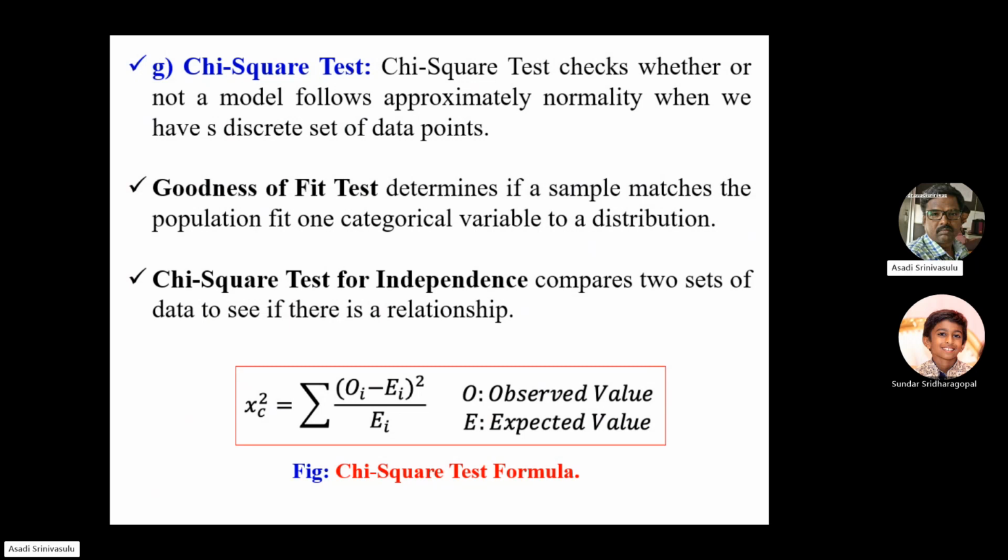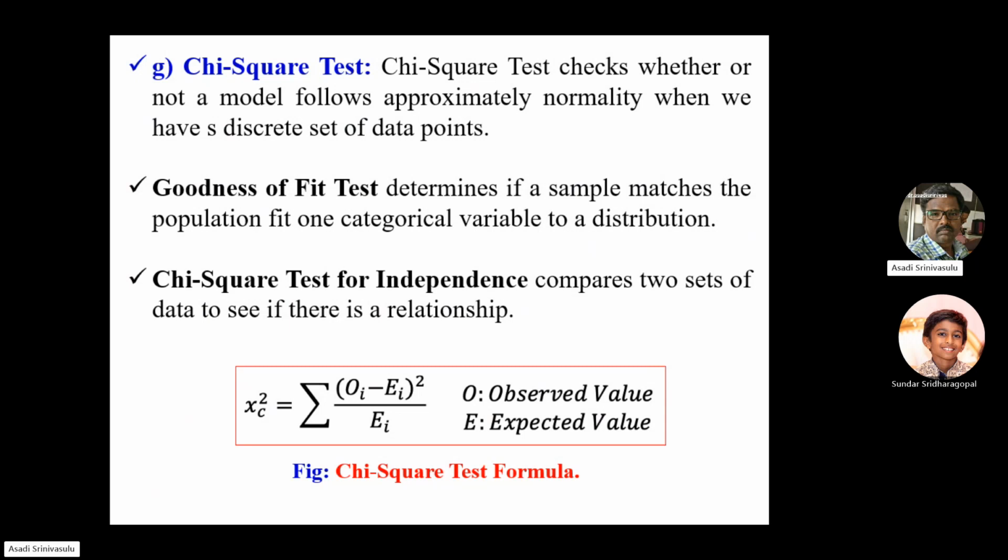So that's why we perform two kinds of tests: goodness of fit test and chi-square test for independence. We use O for observed value and E for expected value. So the chi-square test formula is chi square c equals the sum of (Oi minus Ei) whole square divided by the expected value Ei. Here c indicates the chi-square test value.